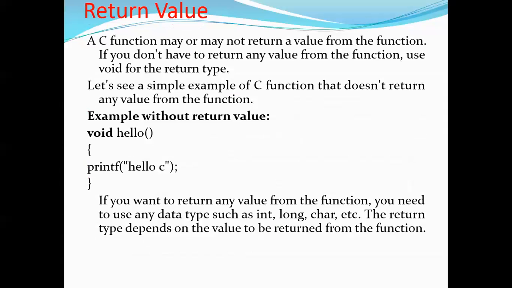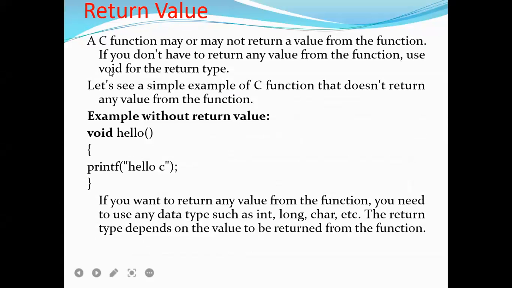I have already told you what is meant by return type. A C function may or may not return a value from the function. If you do not have to return any value from the function, use void. Void means return nothing.